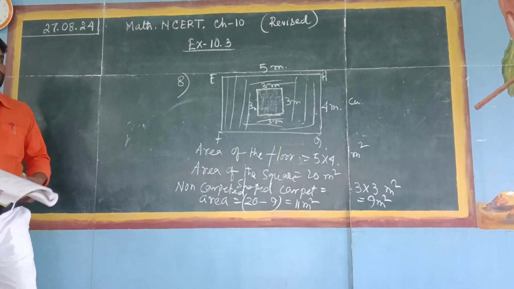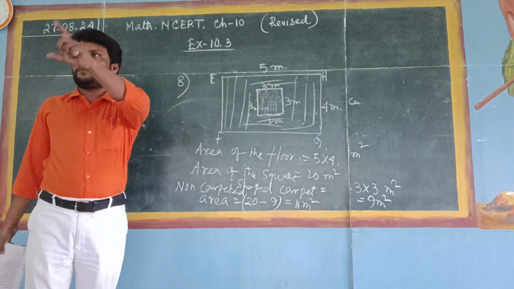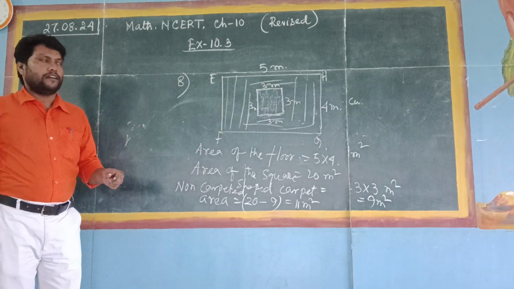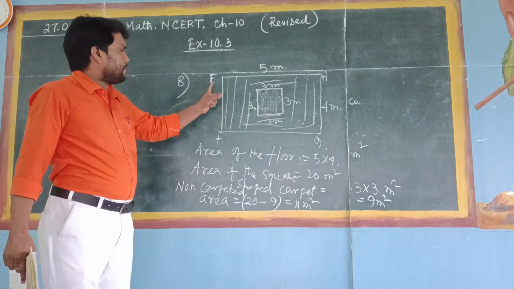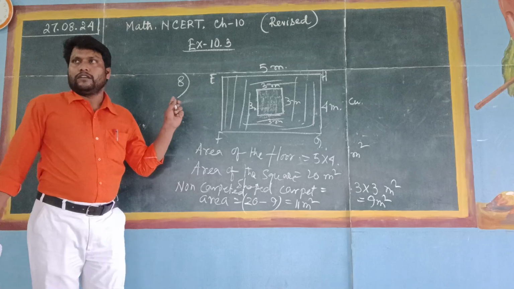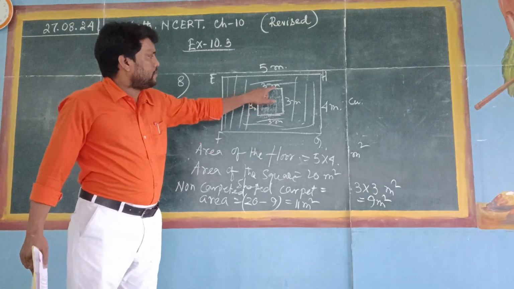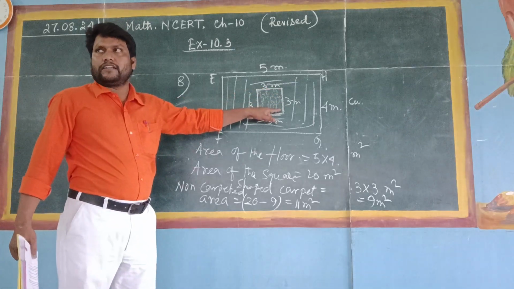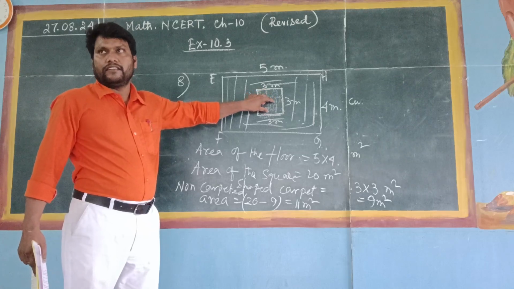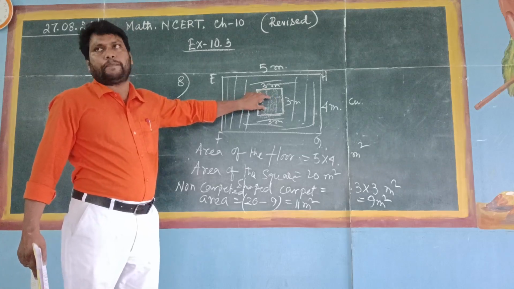This problem is quite different from the others. These types of questions will be given in your half yearly examination. At first you will find the area of the total floor. Then find the area of the square carpet. Only this portion is carpeted.